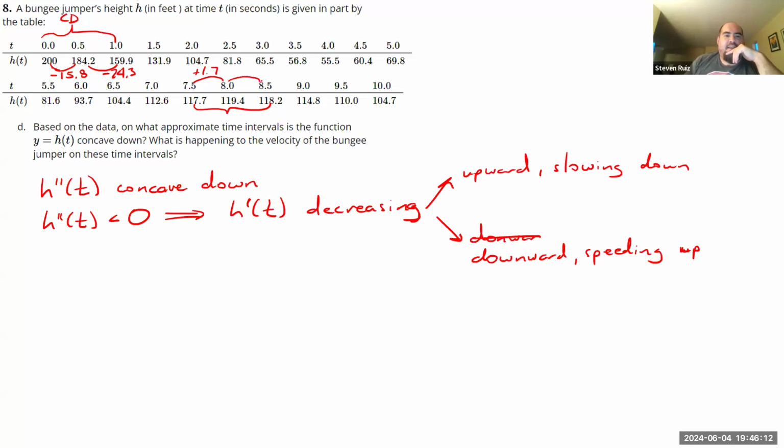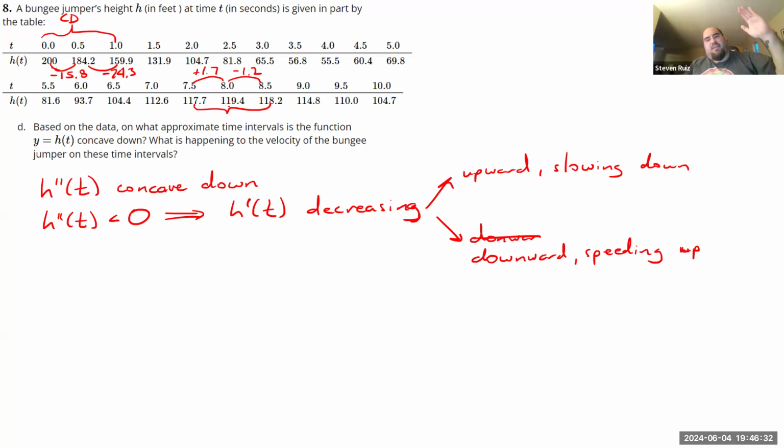What about the next second? My height actually decreased, so negative 1.2. So it looks like the bungee jumper was going upward, and at some point in this interval reached a peak and started going down.